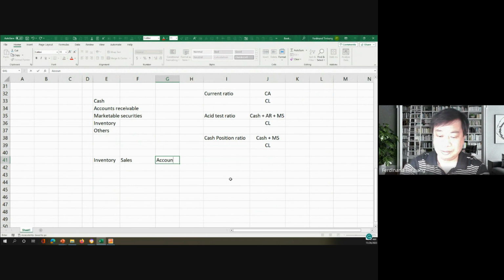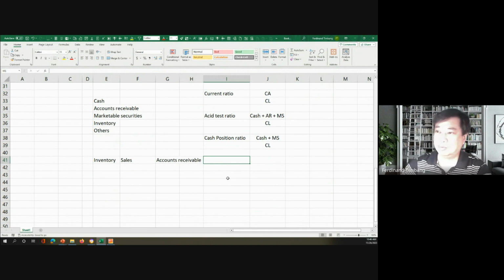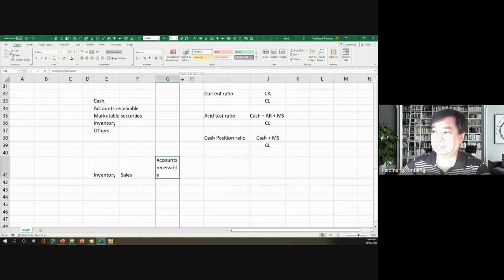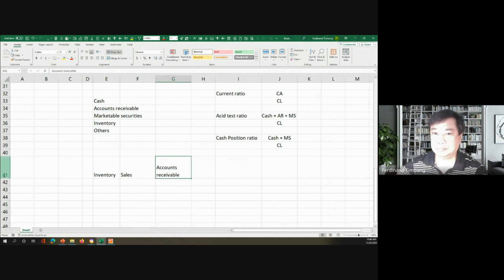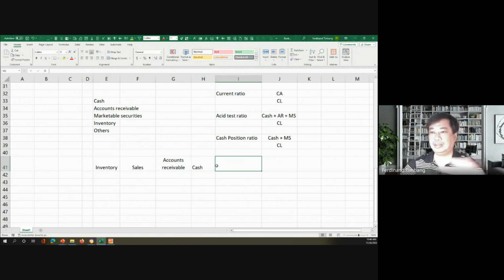Accounts receivable. Ayan, but then it goes back to cash. So ganyan lang yung cycle na lumalabas.